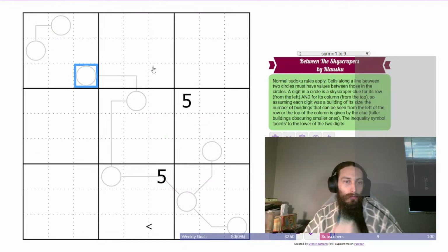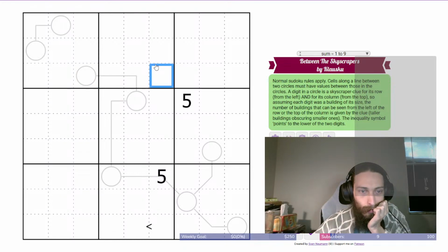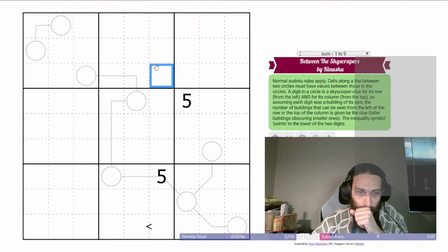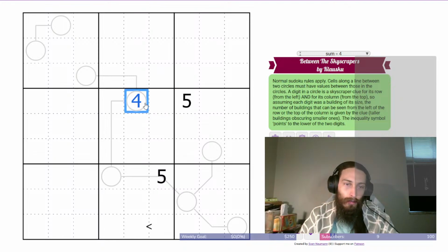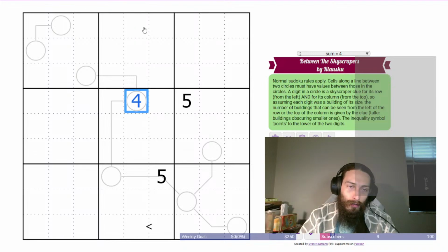Maybe. Alright, so let's see how this goes. Well, yeah, because it's from its row or column. So, like, if this was a 4, I guess it would be above it, yeah. So, just pretend that's on the outside, basically.